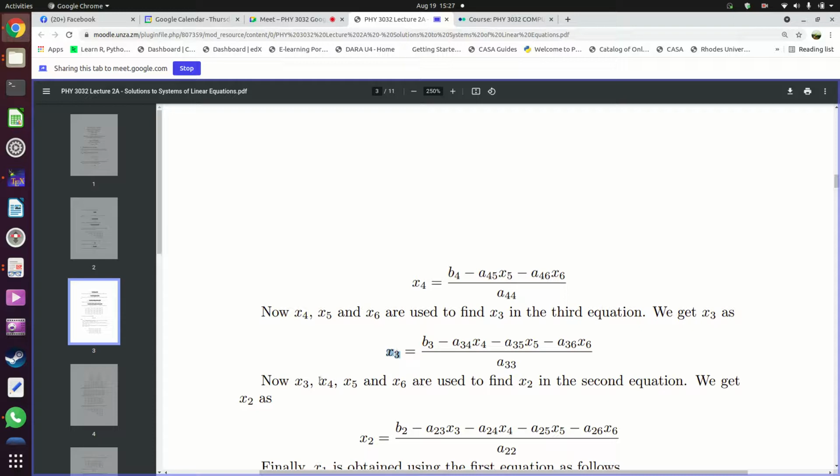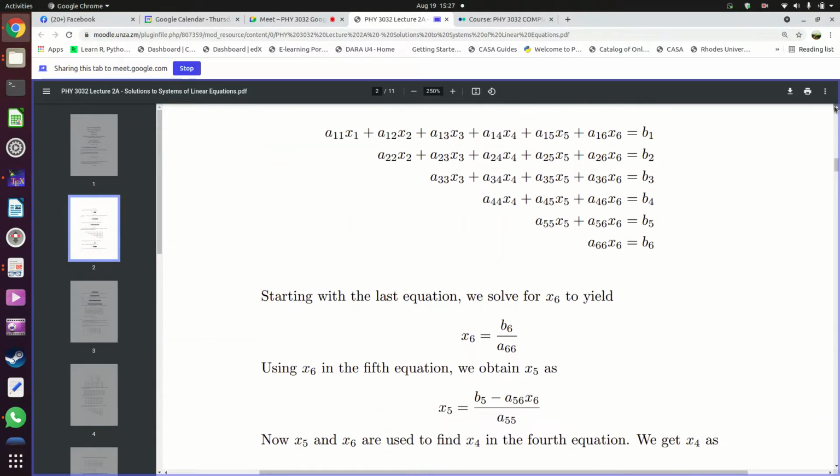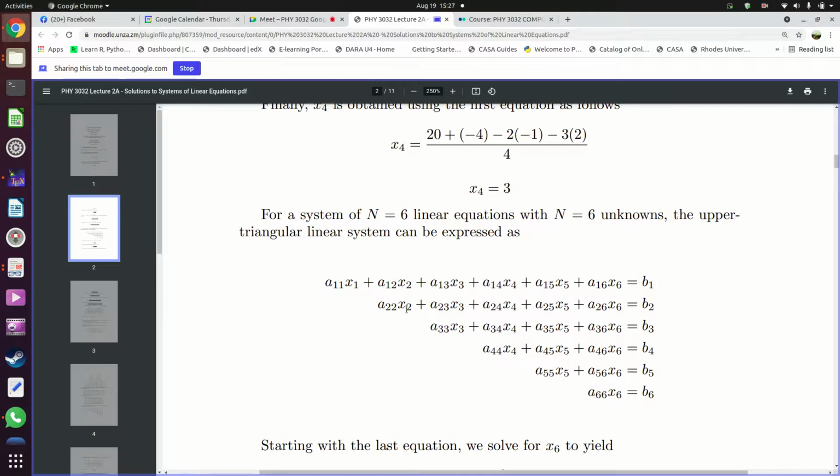So by this stage, you would have known what your x3 is, what your x4 is, what your x5 is, what your x6 is, and you would use this information to try to find out what your x2 is supposed to be. So when you try to find out what x2 is supposed to be, all these terms here, you transfer them to the other side. So you're going to have b2 minus a23 x3 minus a24 x4 minus a25 x5 minus a26 x6, then the whole thing divided by a22.